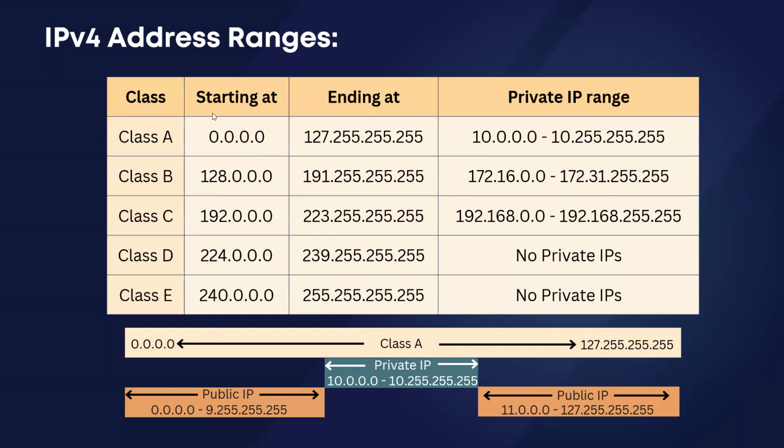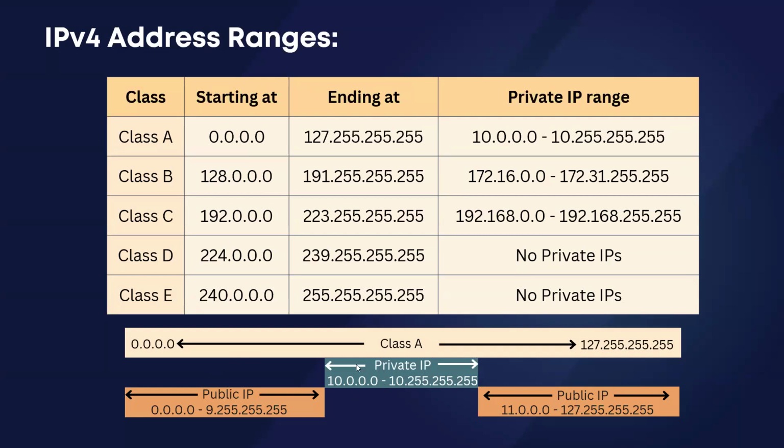To elaborate a bit further, if we take the example of Class A, we know it starts at 0.0.0.0 and goes all the way up to 127.255.255.255. In that entire range, you have a small private IP set from 10.0.0.0 to 10.255.255.255. Any IP within this range is a private IP.